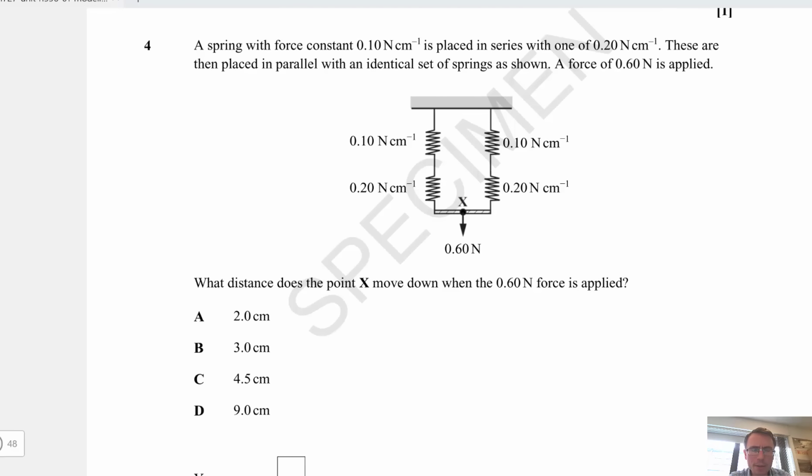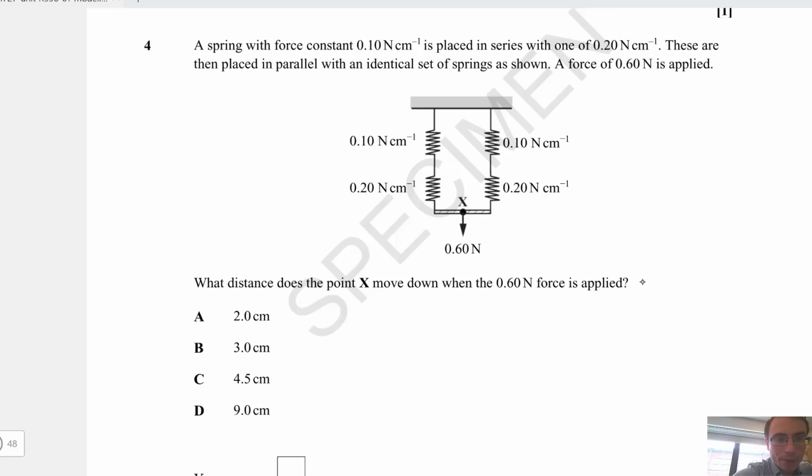Okay, question number 4. We've got a spring with a force constant this much is placed in series. Basically, we have this arrangement, then we apply a force. What distance does point X move when the 0.6 force is applied? Okay, so we need to work out the total spring constant for this arrangement.